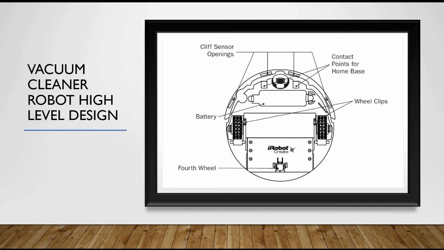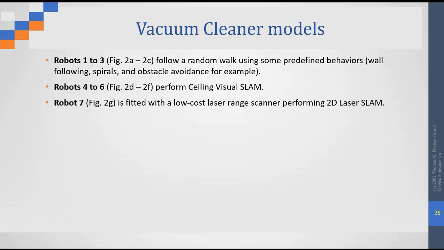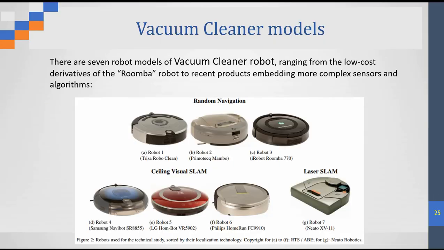Is it showing the sensors? No, this is just for movement, to control the movement here. There are no sensors. Actually, there are sensors: battery, contact points for the home base, wall. Okay, there are no details here, sensors opening only.